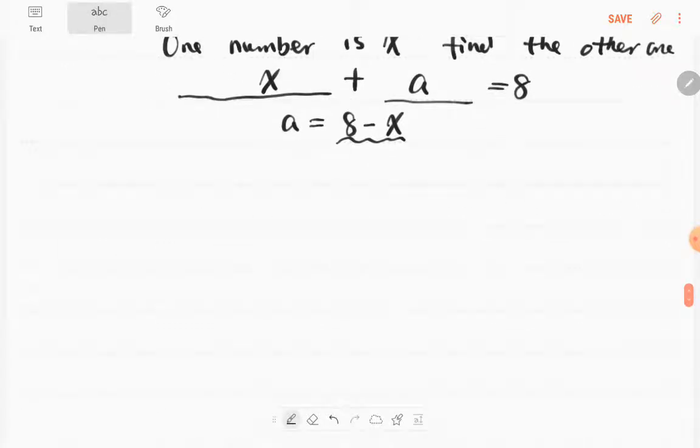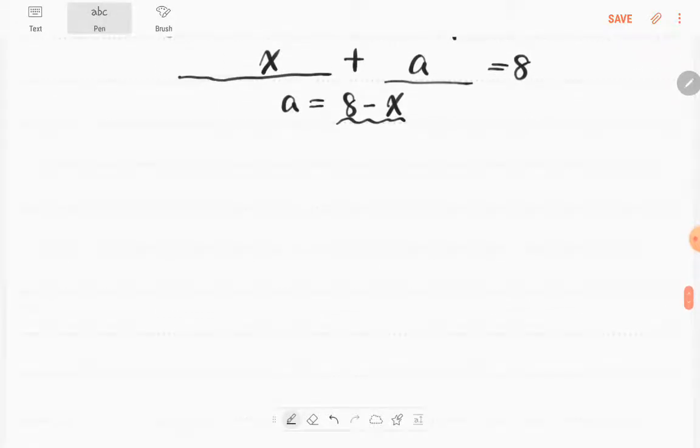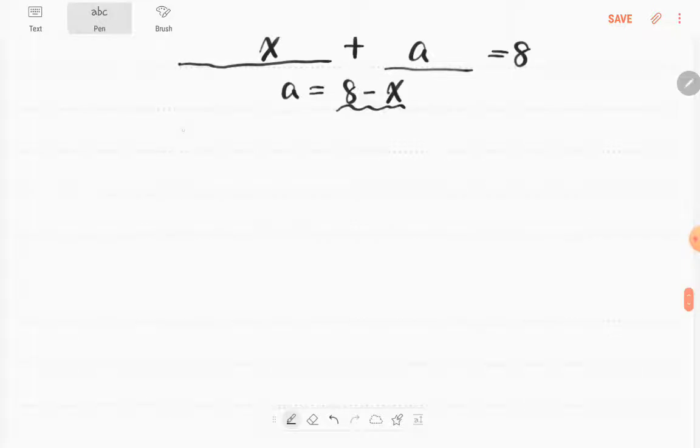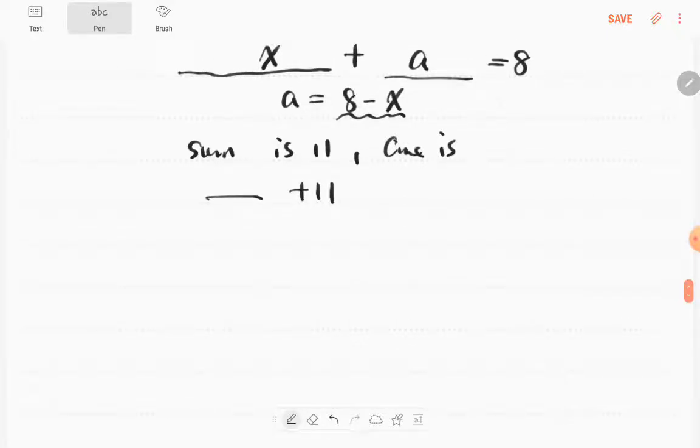So we can check another one. This time the sum of two numbers is 11. And one number is x.